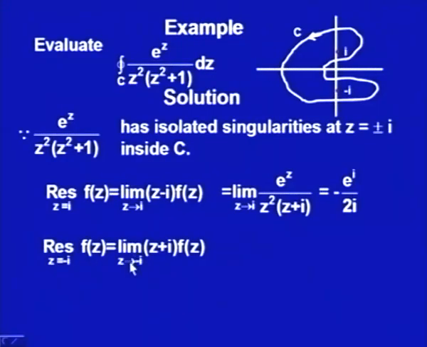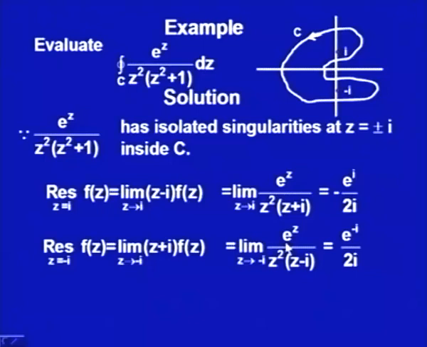By the same definition, it is the limit as z approaches minus i of z plus i into f z. If I multiply z plus i with this function, I get e to the power z upon z square into z minus i. So, we have to evaluate the limit as z approaches minus i of e to the power z upon z square into z minus i. That says simply evaluate this function at z equal to minus i.